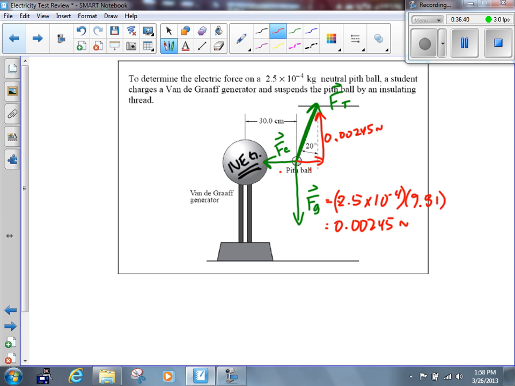And if that's 0.00245, then I can find this force by saying tan 20 degrees is equal to opposite over adjacent. We solve for the value of x there. That x is actually the x component of the tension in the string, but we know that it has to balance the electric force. So whatever we just solve for is also the value of the electric force.